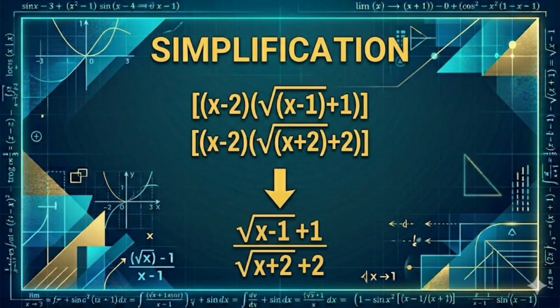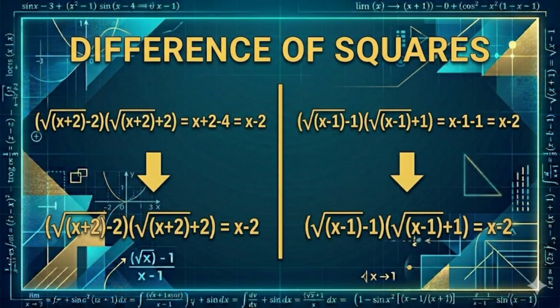At this point, both the numerator and denominator contain the factor x minus 2. Since x minus 2 appears on both the top and bottom, we can simplify the expression by cancelling those factors.